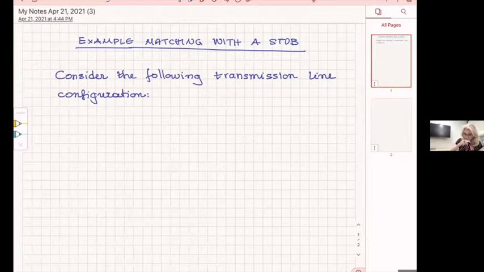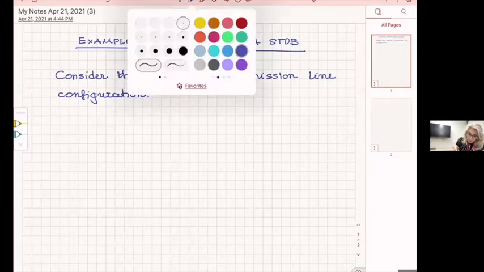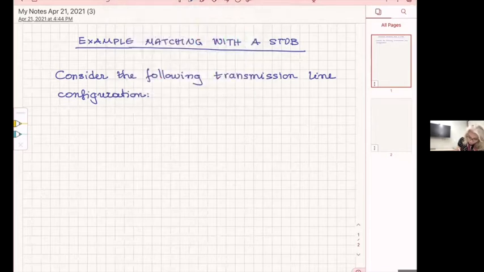Okay, so you have one transmission line. In fact, a long transmission line.